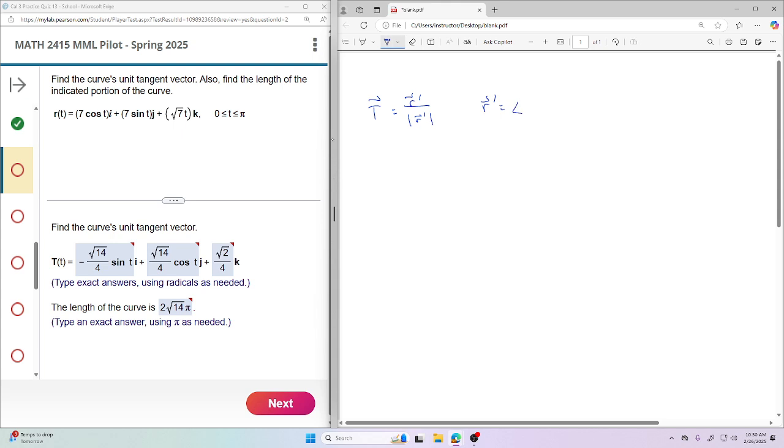So this cosine goes to A, and sine goes to, and that square root goes to A. I was trying to trick him. Yes. The T goes away.